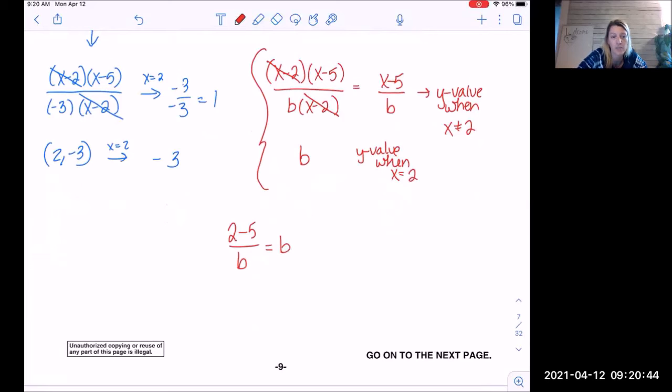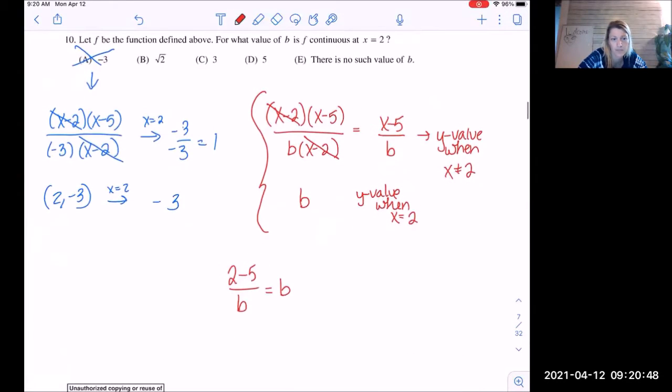I need those y values to be in the same spot. And so -3 equals b squared, which is not possible. So there is no such value of b.